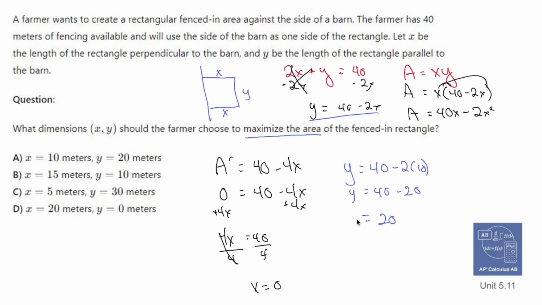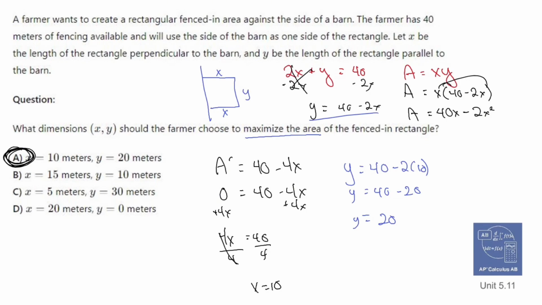So y is 20, x is 10, giving us the answer. Now, in a previous problem, you saw me do one where I gave you all four sides of the fence. That answer was a square. This one's not, because I'm not using all four sides of the fence.